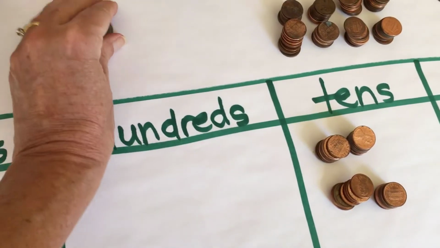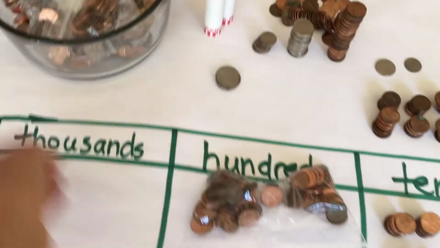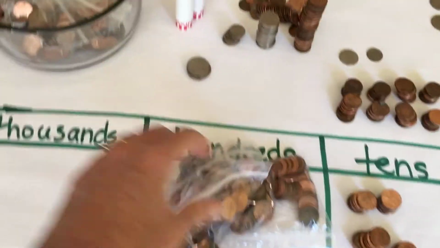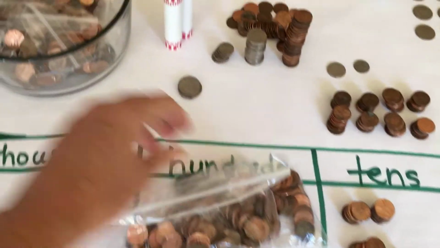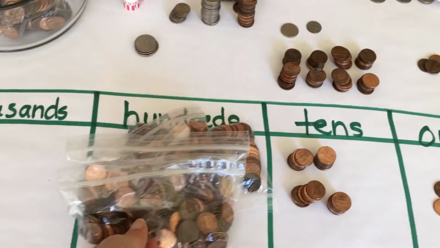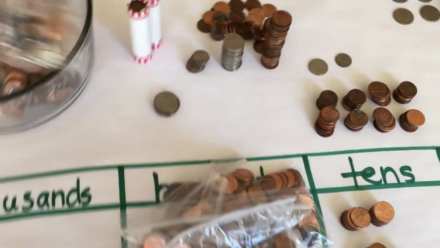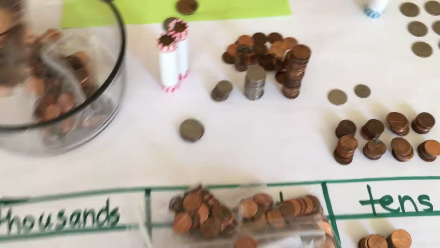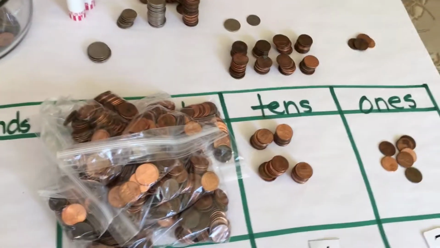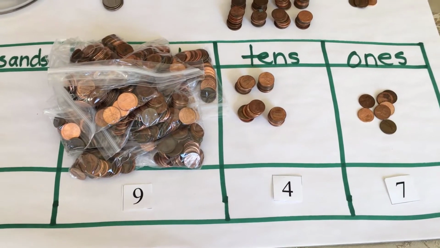And now if I had 10 hundreds, so my 4 quarters are $1, I could say, okay, I have 100, 200, 300, 400, 500, and I would have the kids each count out their 100, 600, 700, 800, 900. Okay, you all know what happens when we get 947 pennies.